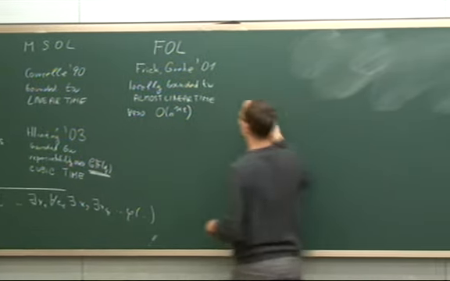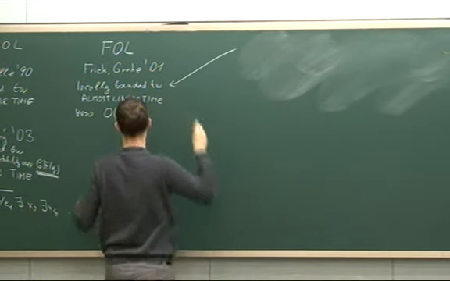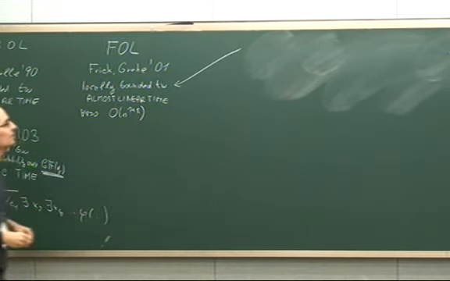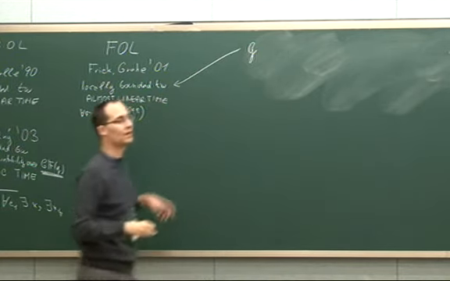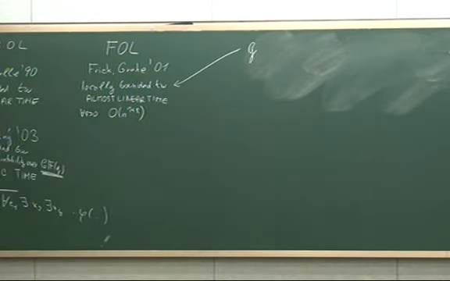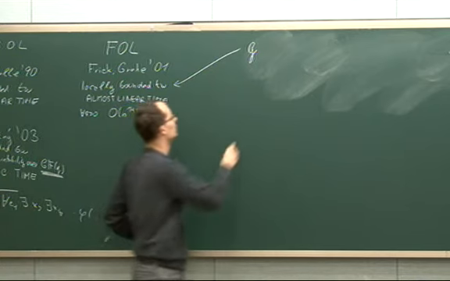So, what does locally bounded tree-width mean? We say that a class of graphs, so it's not a property of a graph. The tree-width is a parameter of a single graph. Locally bounded tree-width is a property of a class of graphs.